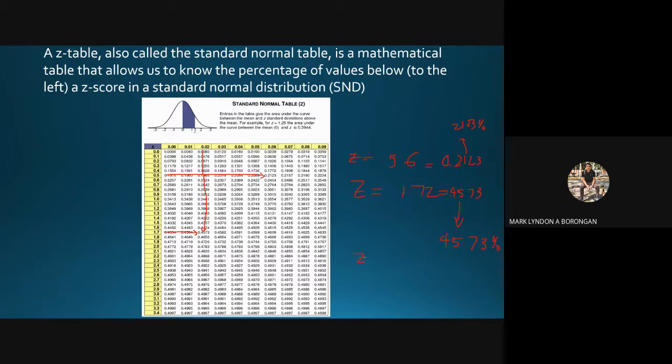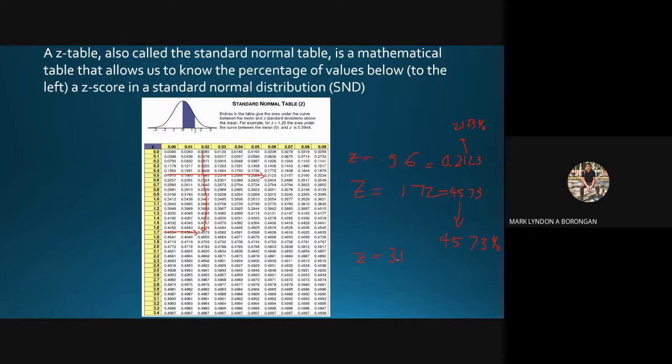Last one. Determine the area for z equal to 3.1. Anyone? Sige, Miss Dazzle. 0.11217, sir. No, that is 3.1.